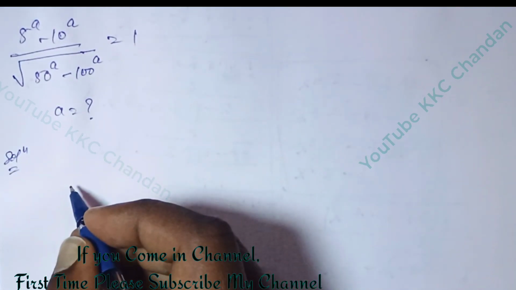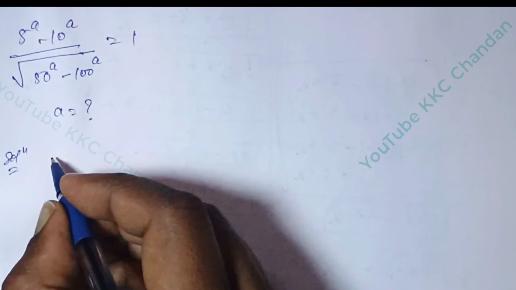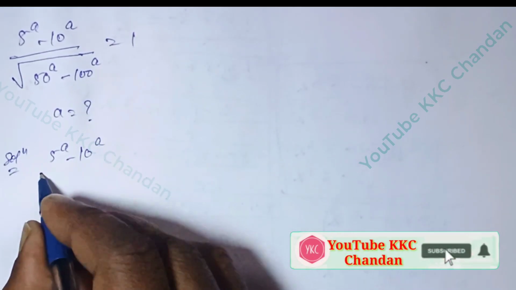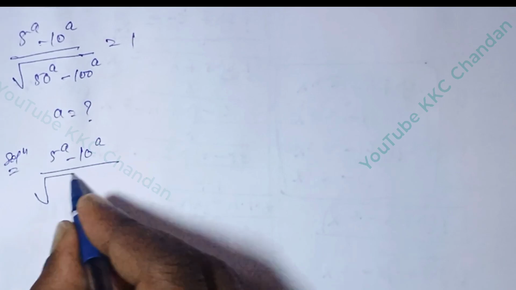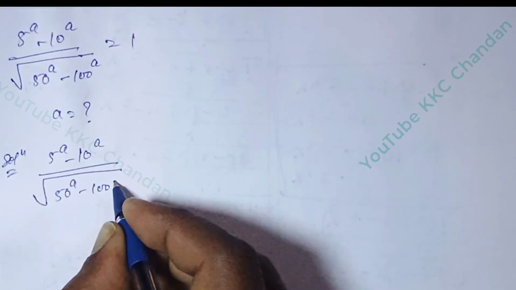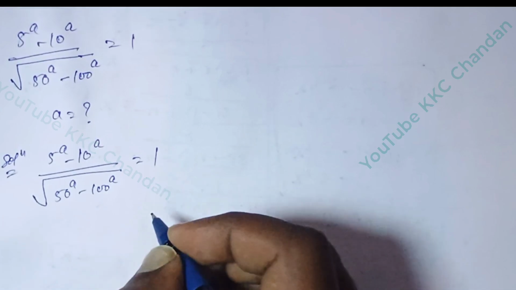First of all, according to the question, (5^a − 10^a) divided by √(50^a − 100^a) is equal to 1.